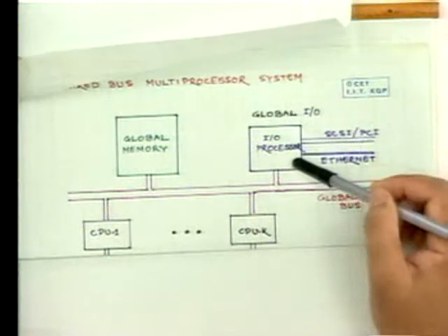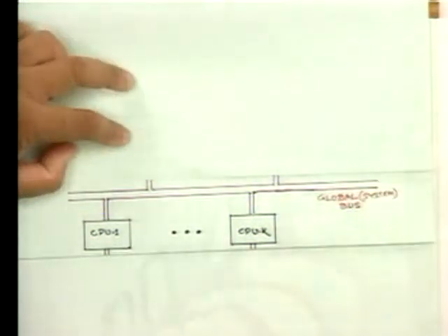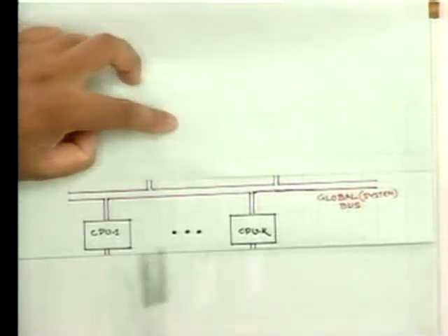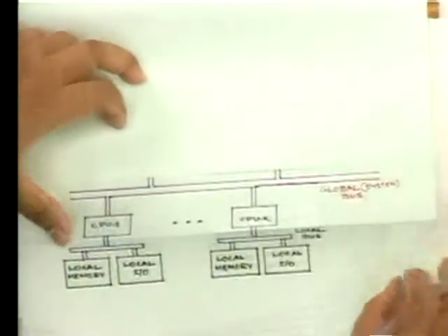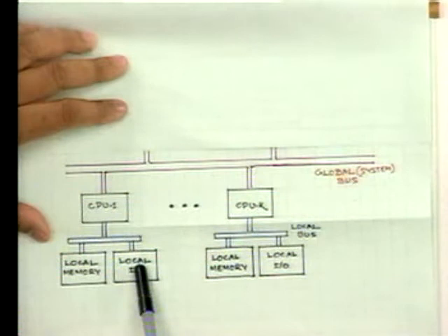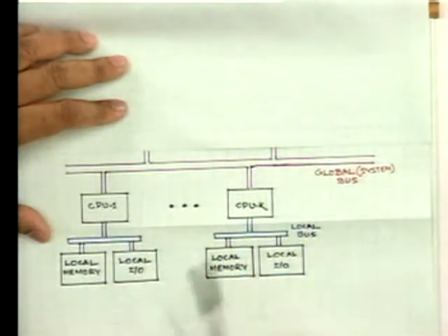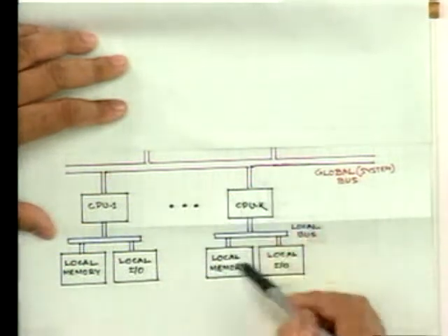Global I/O is also absent. The situation is this, that CPUs are all independent. Naturally, they'll have to have their own local memory and the local I/O. That means CPU 1 has its own memory and I/O, CPU 2 has its own memory and I/O.